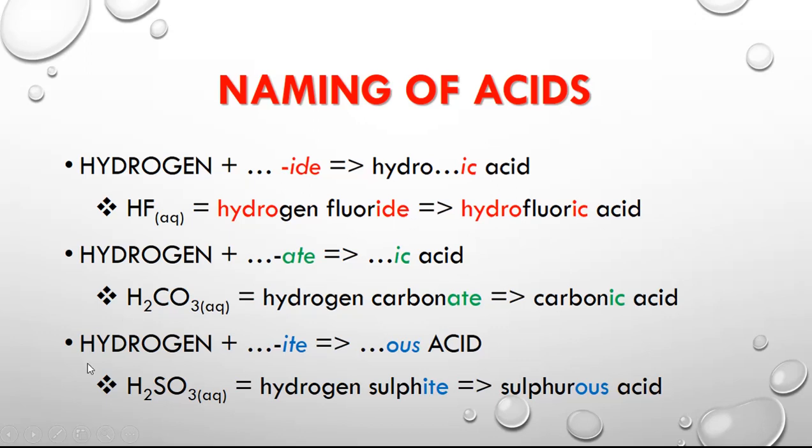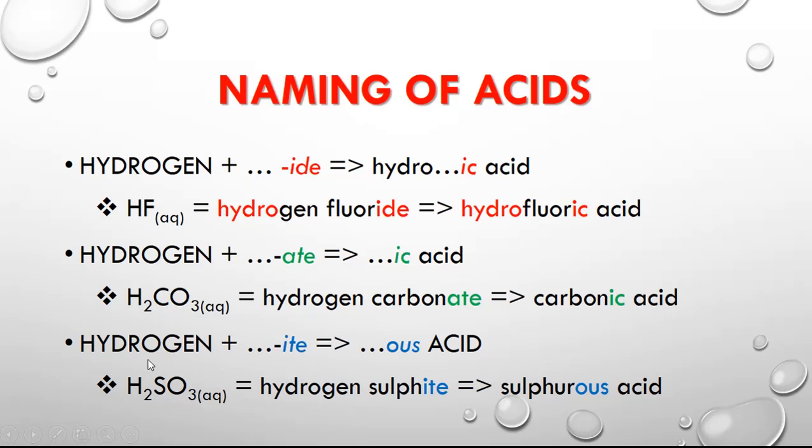How about if you have a compound with hydrogen and a second element ending in ATE? An example would be H2CO sub 3. We call it hydrogen carbonate. However, as an aqueous solution or as an acid, we call it carbonic acid. We omit the hydrogen part altogether.